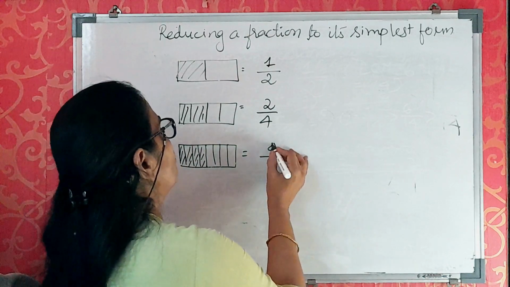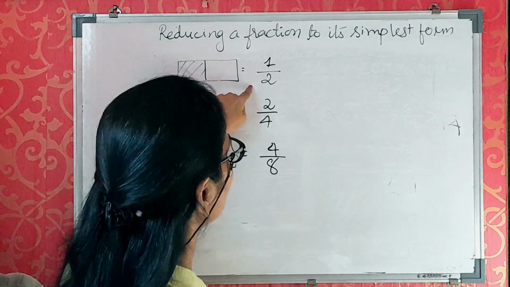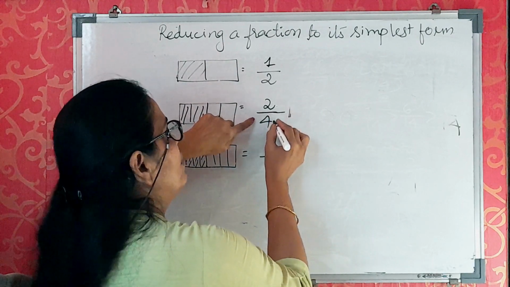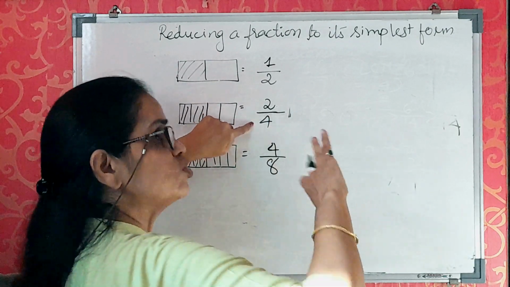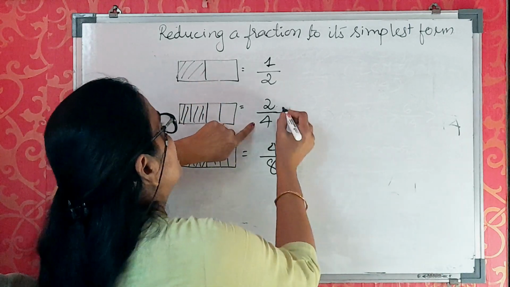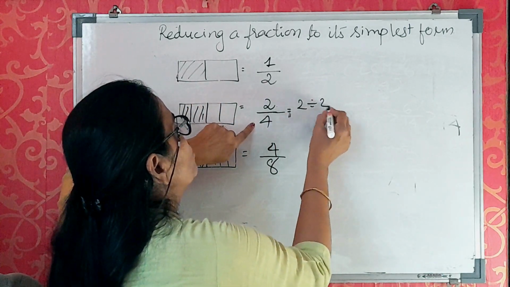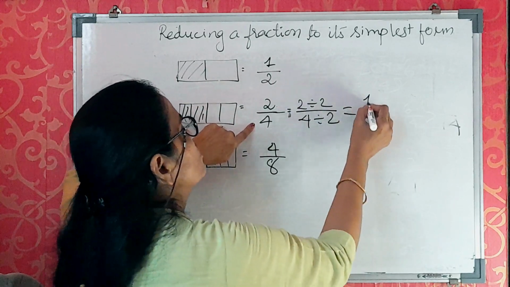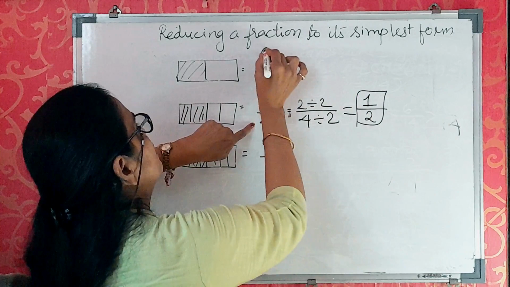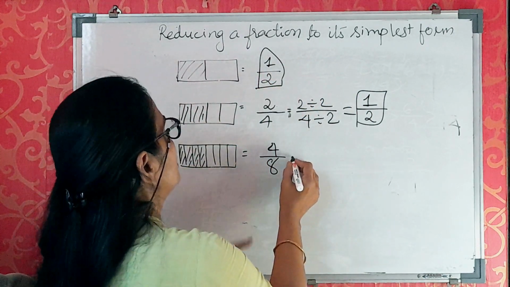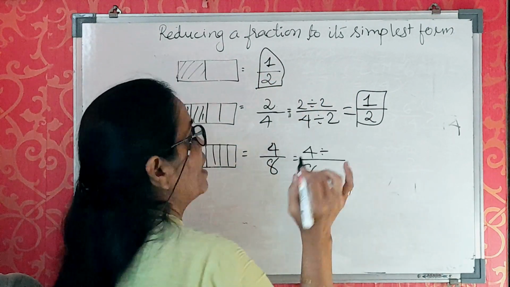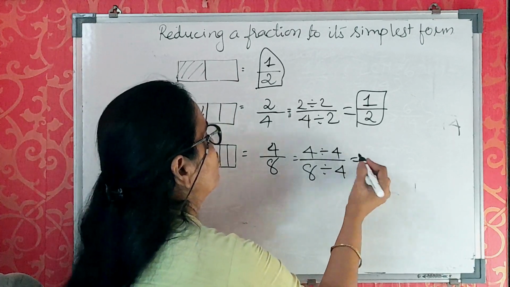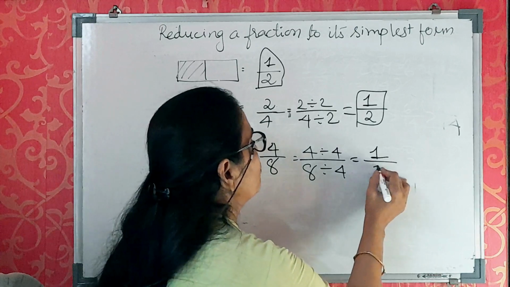So this way, now look here. This is 1 upon 2. This is an even number and this is also an even number. So using the divisibility test, if I divide 2 by 2 in the numerator and in the denominator, my answer will be 1 upon 2. Now look here, same way, using the divisibility rule, 4 divided by 4, 8 divided by 4, I am getting 1 upon 2.